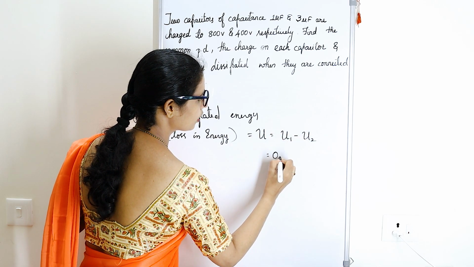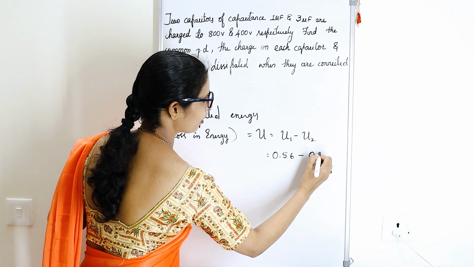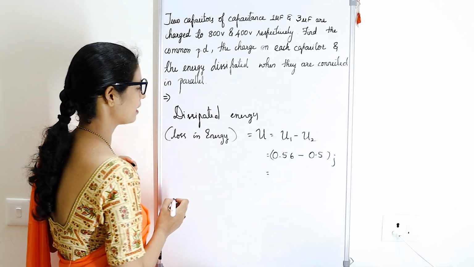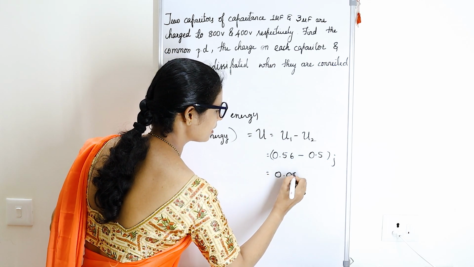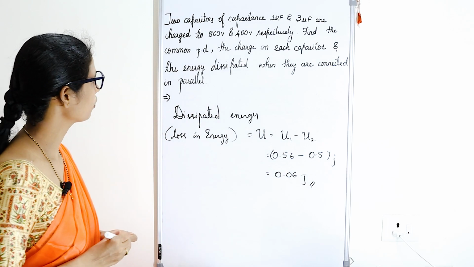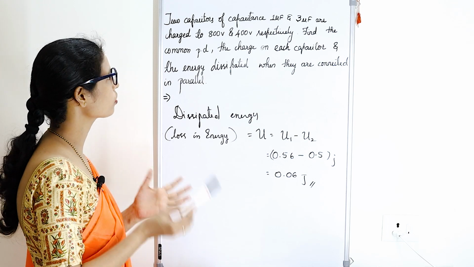What was U1? U1 value is 0.56 minus 0.5 joules, right? So what is the dissipated energy here? The dissipated energy is 0.06 joules.